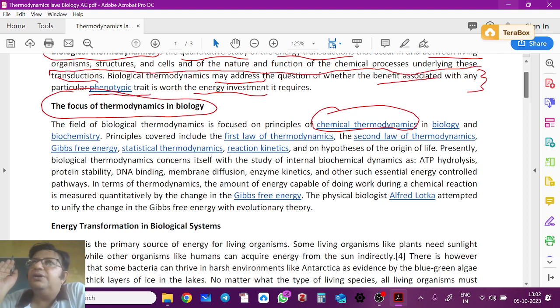So a molecule is at a level of energy, internal energy, that is the Gibbs free energy. Now when it is getting converted into product, it may gain energy. You have to give some energy to make a product which has got a higher energy than the substrate, or that substrate breaks down and releases some energy, and the product is at a lower energy state than that of the substrate.